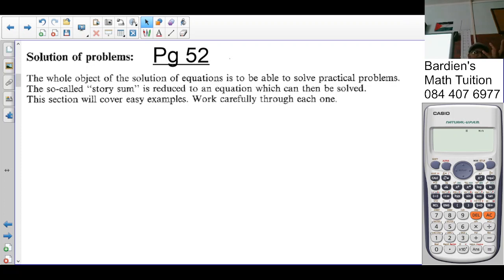You always bring your X. So when we introduce an X to the sum, we must say what X is.